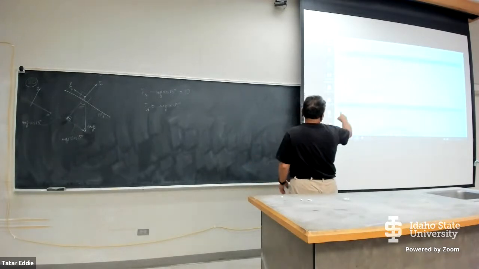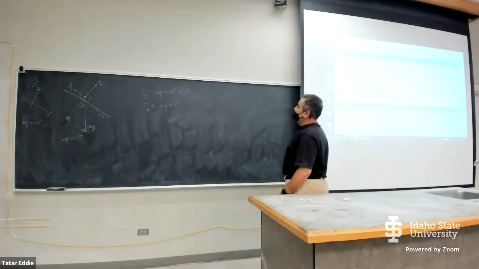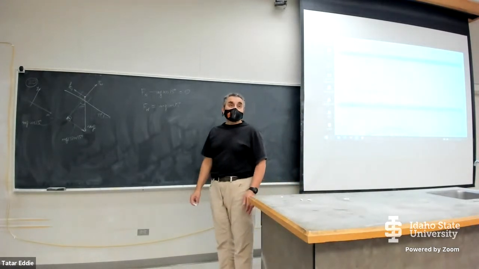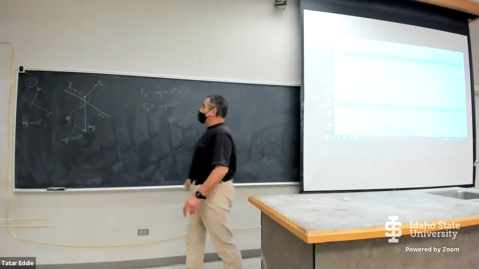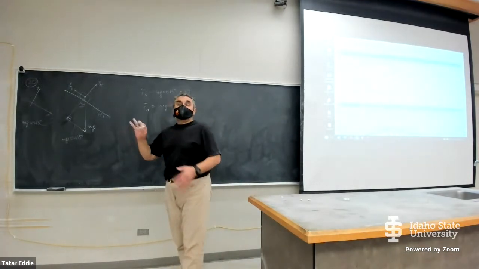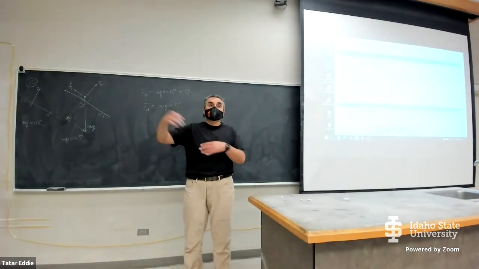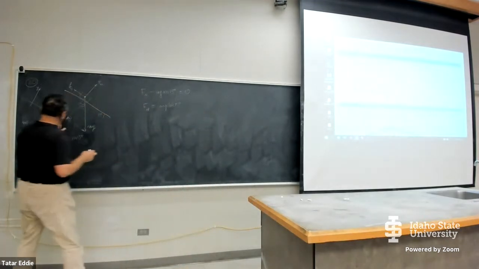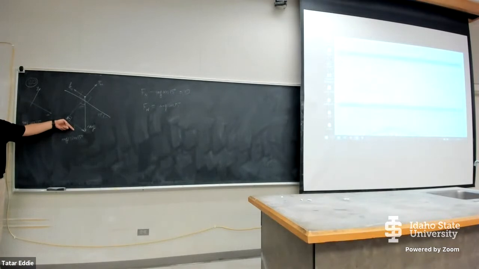And part B, they're asking to figure out the static friction force in magnitude. Well, you do the same story. You say in the x direction, the forces also have to total to zero. And in the x direction, you have this component of gravity that is acting in the positive x direction.